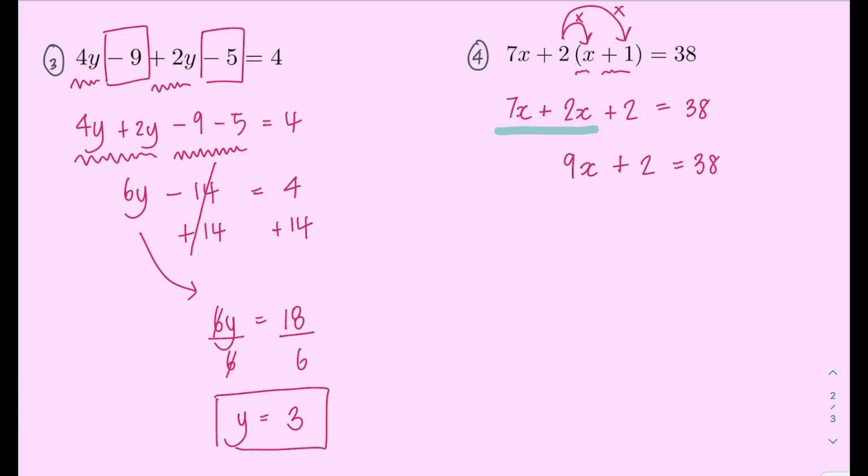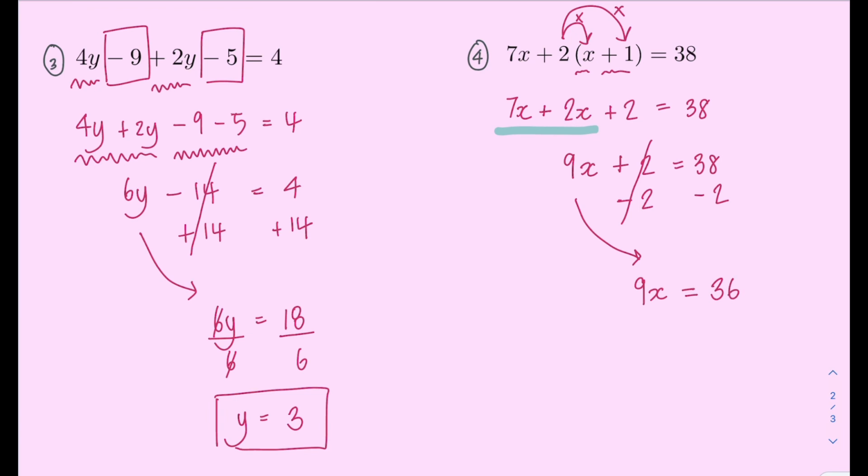The inverse of plus 2 is to minus 2, so we have to minus 2 on both sides of the equation. Plus 2 minus 2 is 0, so cancel it out. That leaves us with 9x alone on the left-hand side. Equal sign drops down. 38 minus 2 equals to 36.